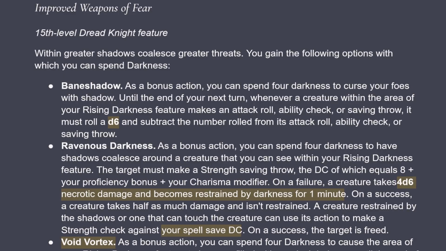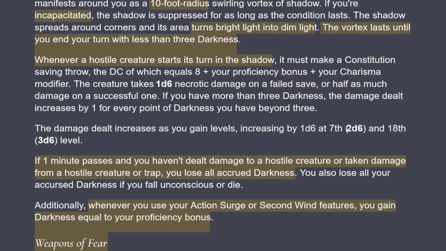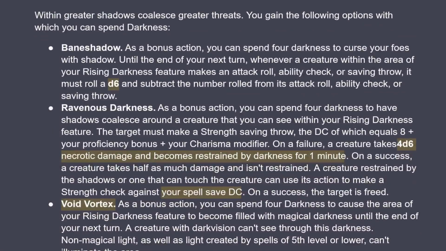Keep in mind the scaling on the last thing, it's so easy to forget. Action Surge or Second Wind gains darkness equal to proficiency bonus, which is scaling. So at level 15 and then 16, if I Action Surge round 1, not only am I getting 3 attacks from my extra attack, plus an Action Surge for 5 or 6 darkness, plus another 3 attacks from extra attack with the Action Surge again.